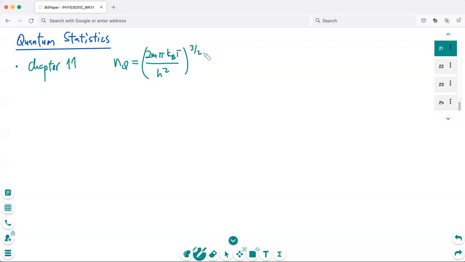Can they really go into the same box, or do they have to occupy different boxes? Are they allowed to have the same set of quantum numbers? So there we will have the distinction between bosons and fermions.